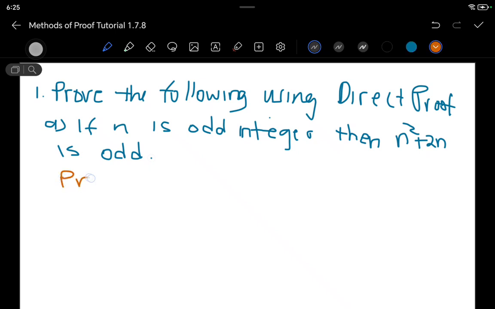Then we're going to prove this. First I said that when you prove, you must write proof. Then you assign statements. P will always be the first statement here.